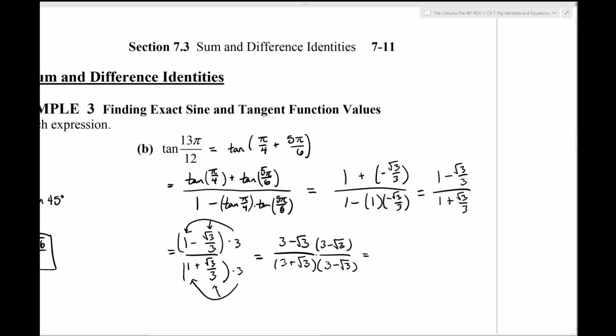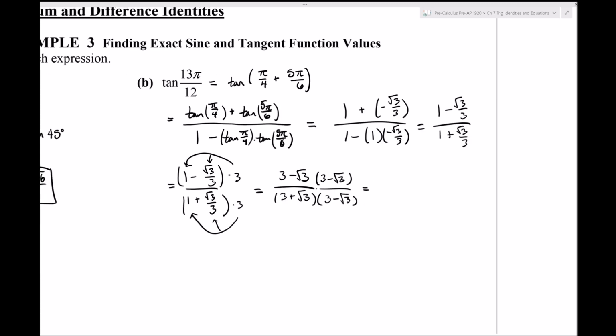So the one on the top, which I'm not going to cover too much of the algebra stuff, that's a perfect square. There's a shortcut. You square the first, so 3 times 3, 9. You multiply the first and the second, so that's 3 times square root of 3, but you double it. That's minus 6 square root of 3. And then you square the second, plus 3. So where's that coming from?